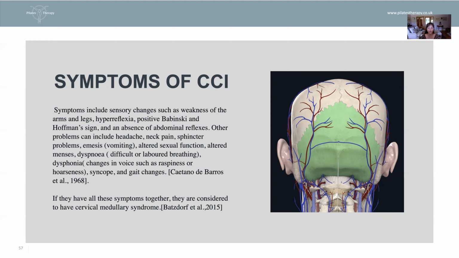Also emesis, vomiting, altered sexual function, altered menses, dyspnea, difficult or labored breathing, dysphonia, changes in voice such as raspiness or hoarseness, syncope, which we talked about last time, which is fainting when you stand up, and gait changes, altered changes when you walk because of the weakness and the signaling isn't getting through normally. If you have all of these symptoms together, then you are considered to have something called cervical medullary syndrome.